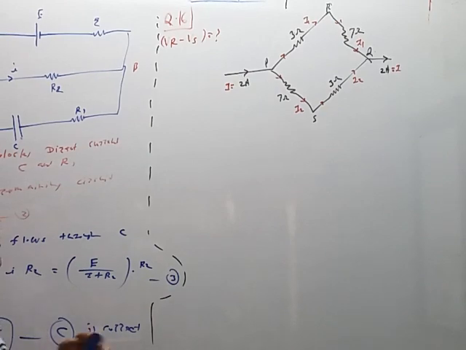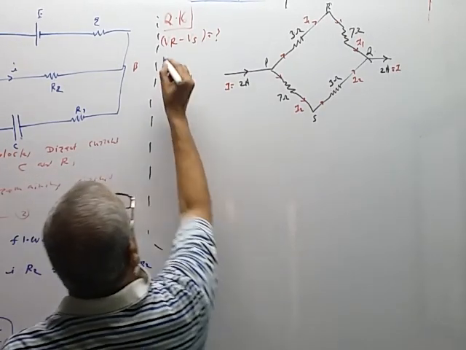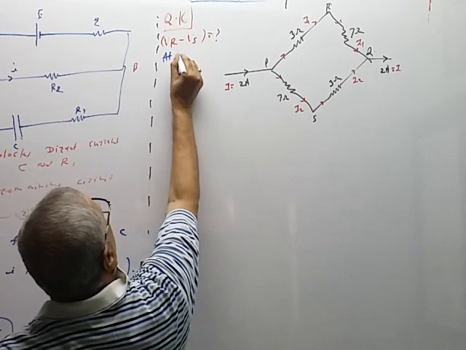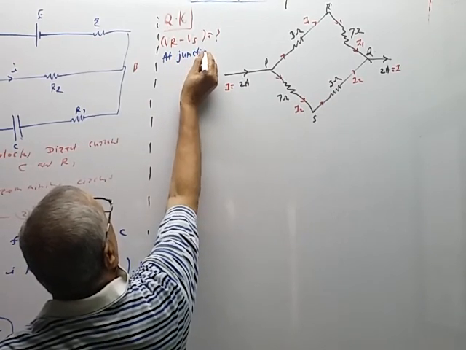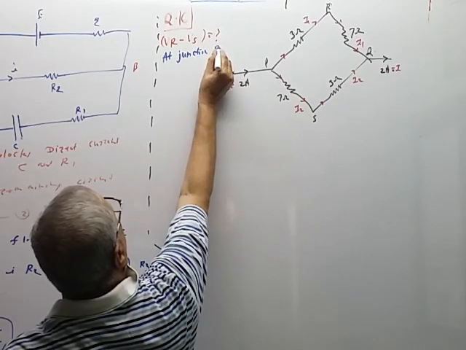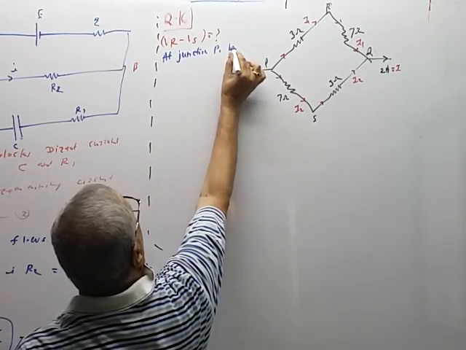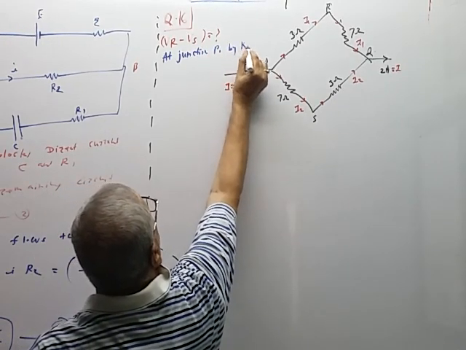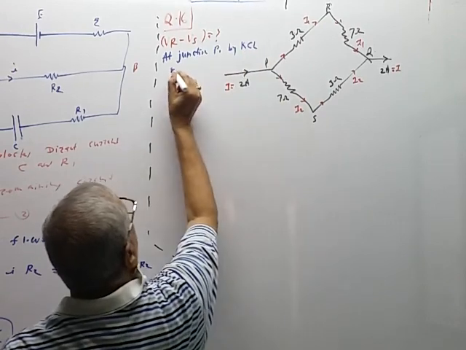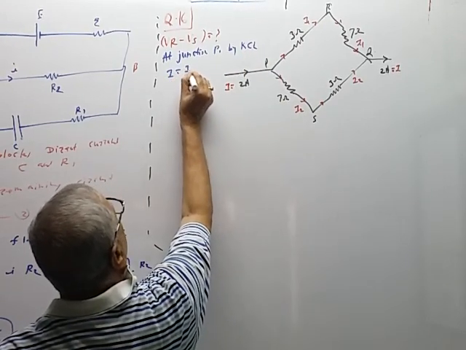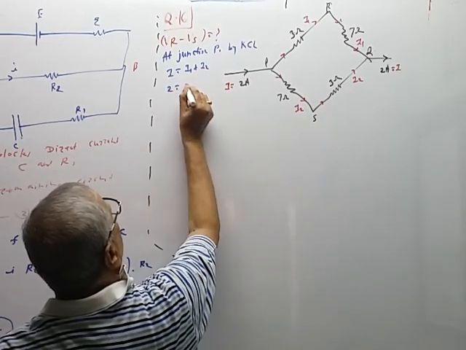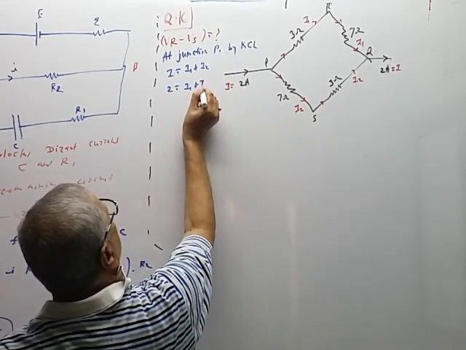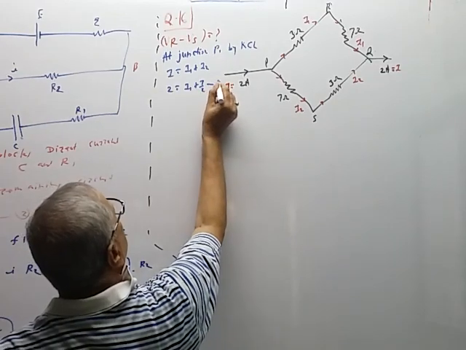So at junction P by KCL, Kirchhoff's current law, I is equal to I1 plus I2, 2 is equal to I1 plus I2.